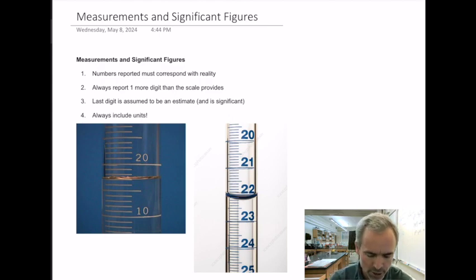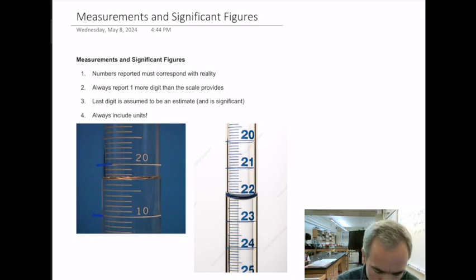Look at the graduated cylinder on the left. You'll notice that our reading is between 10 and 20, and these are milliliters here. We would have that marked on the cylinder. And between 10 and 20, you'll notice that there are 10 little lines. So that means that each line represents 1 milliliter.